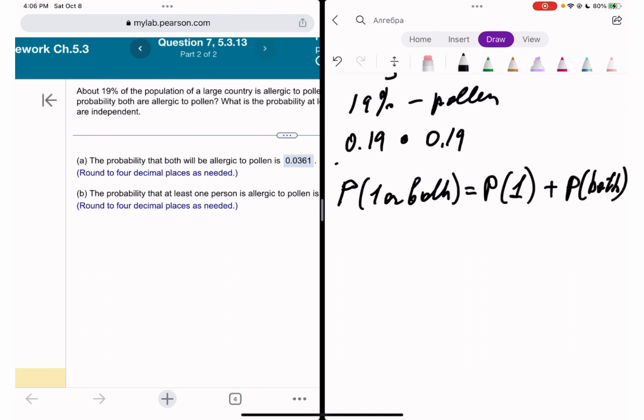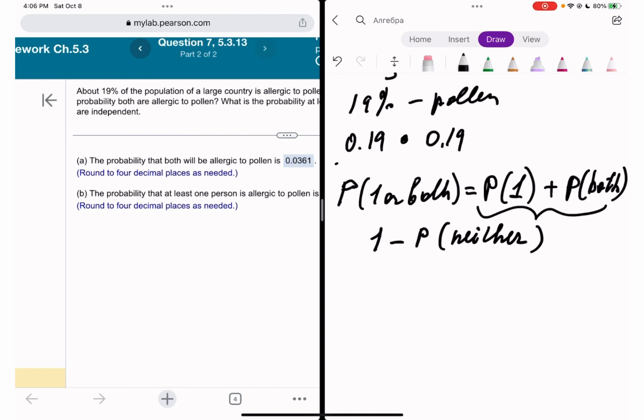So one or both, so it's going to be the complement. I'm going to use 1 minus complement of this one. It's going to be probability of neither. Neither one, neither two, right?